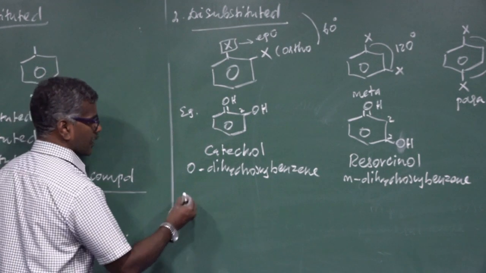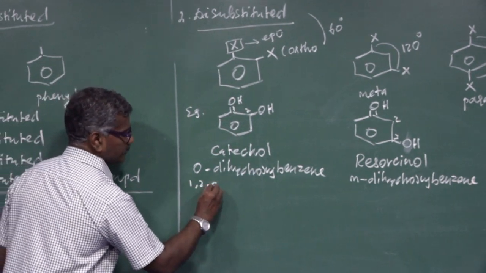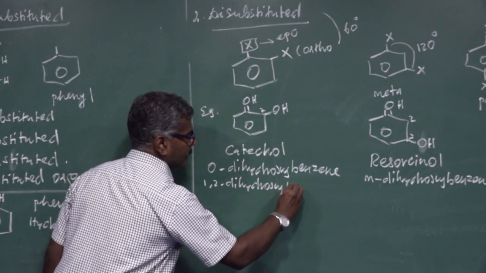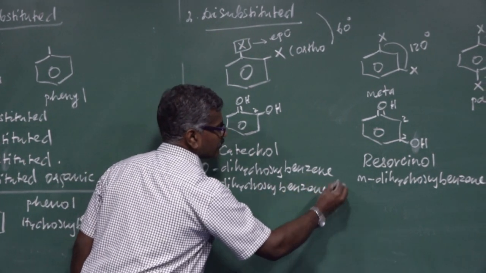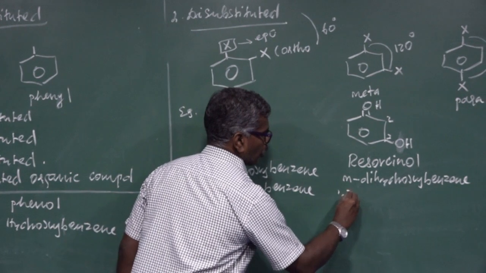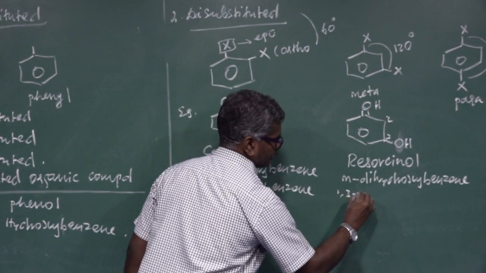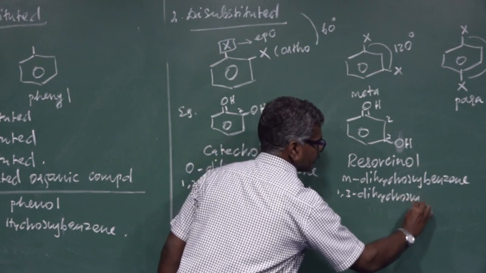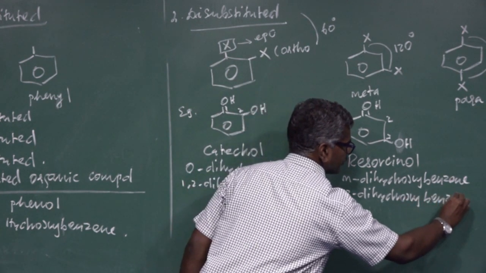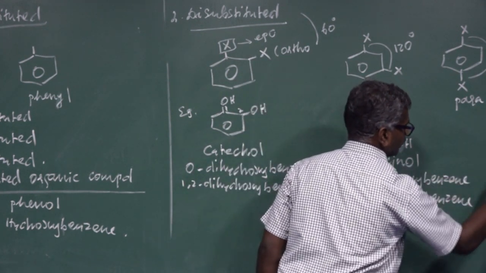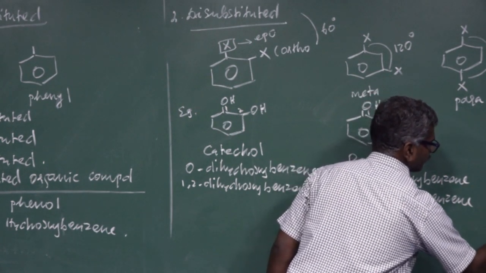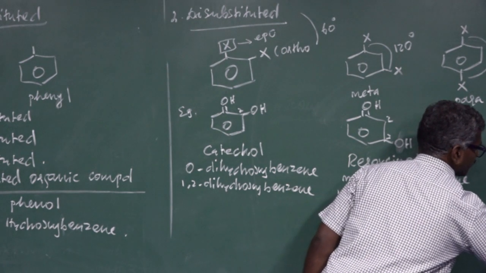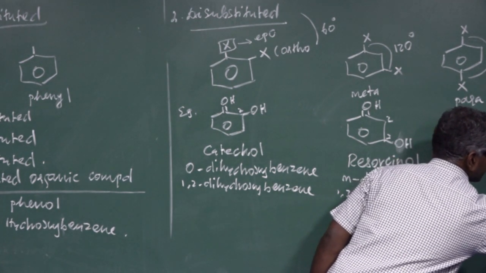The IUPAC name is 1,2-dihydroxybenzene. Here 1,3-dihydroxybenzene. Here 1,4-dihydroxybenzene.